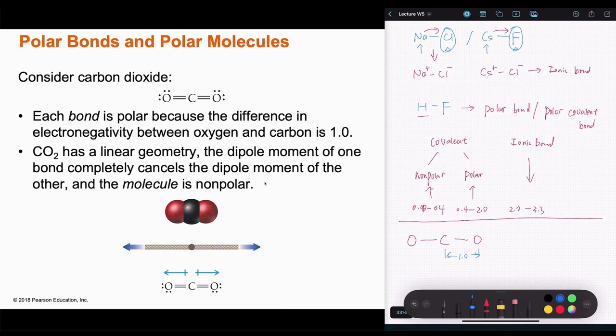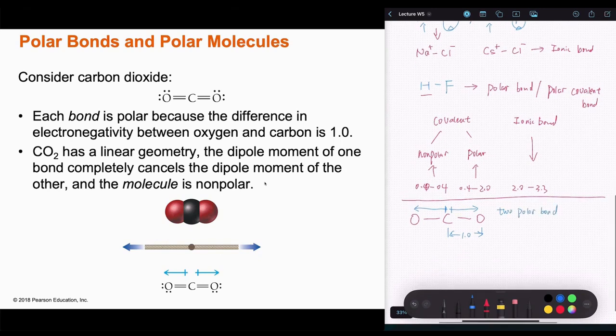So in this carbon dioxide molecule, we have two polar bonds. One polar bond has its dipole moment pointing to the right, and one is pointing to the left. So we know it has two polar bonds.